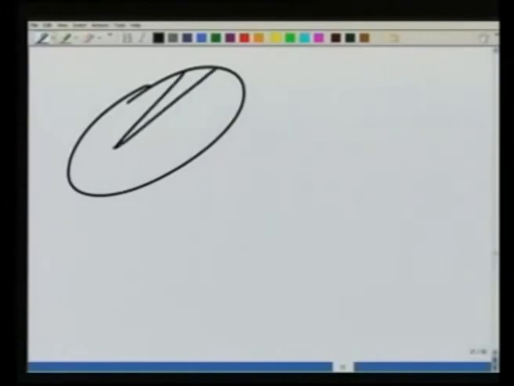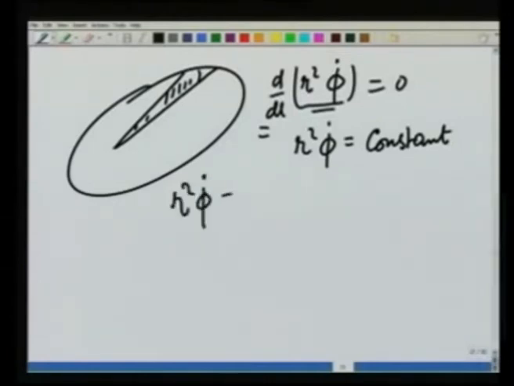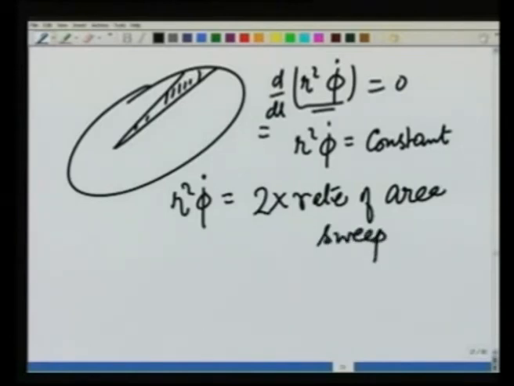And you can see that r square phi dot is equal to 0 in derivative, r square phi dot therefore is a constant, and r square phi dot is nothing but 2 times the rate of area sweep.